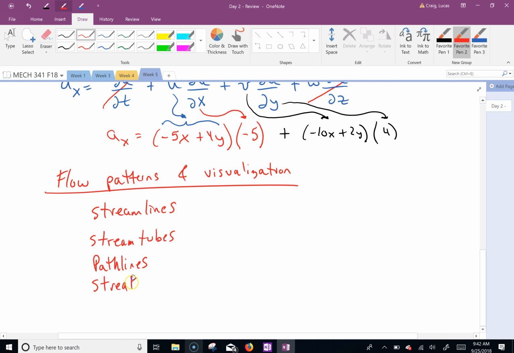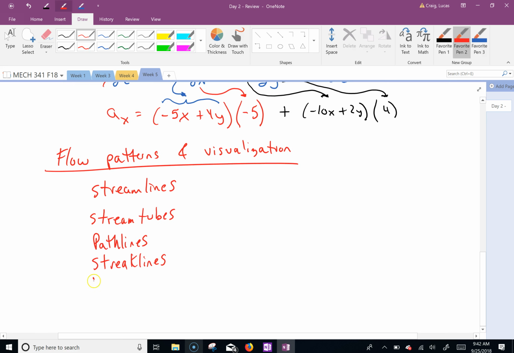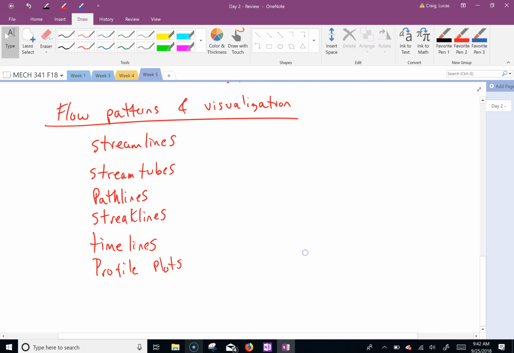Streak lines. Timelines. Profile plots. Vector plots, contour plots.